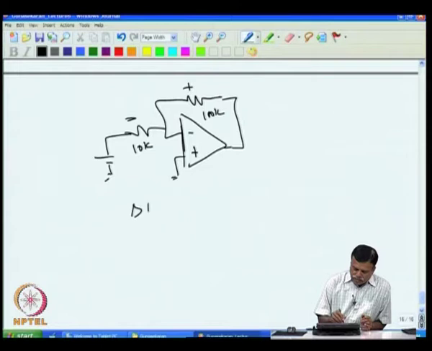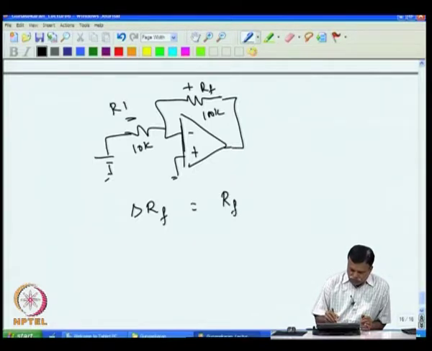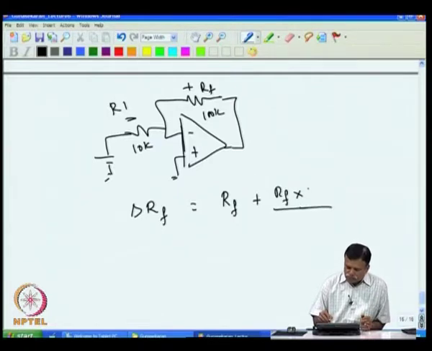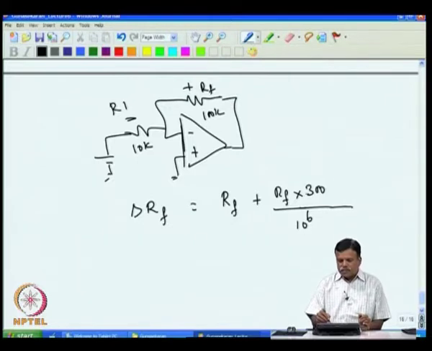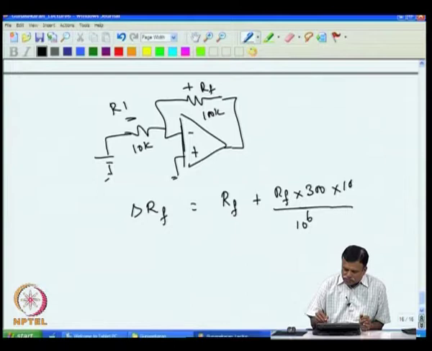So, delta RF, this is RF, this is R1, will be RF, that is 100 K. So, we take that as RF plus RF into temperature coefficient, which is 300 ppm, 300 divided by 10 power 6, that is 300 parts in 10 power 6, into temperature difference, which is 100.